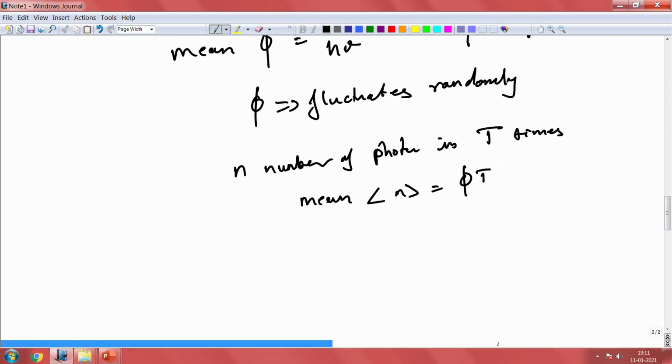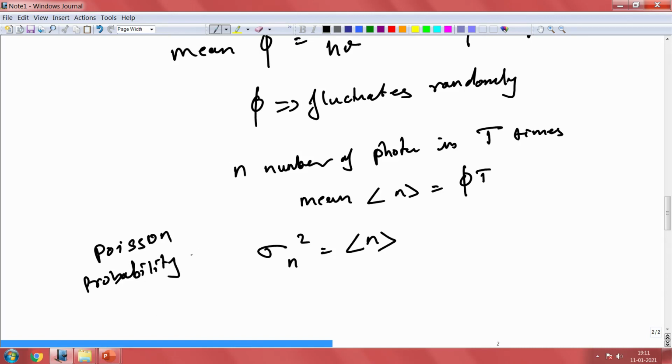As I mentioned, you can clearly apply the Poisson probability distribution here, and that is your variance n squared, nothing but this. So this is our Poisson probability distribution. We can apply this.